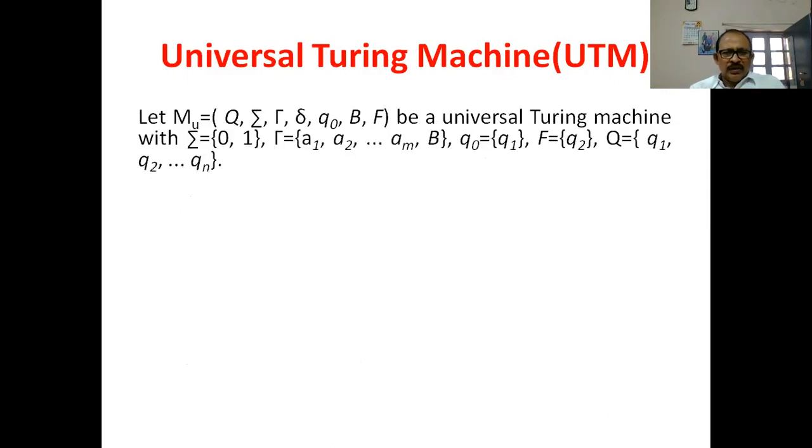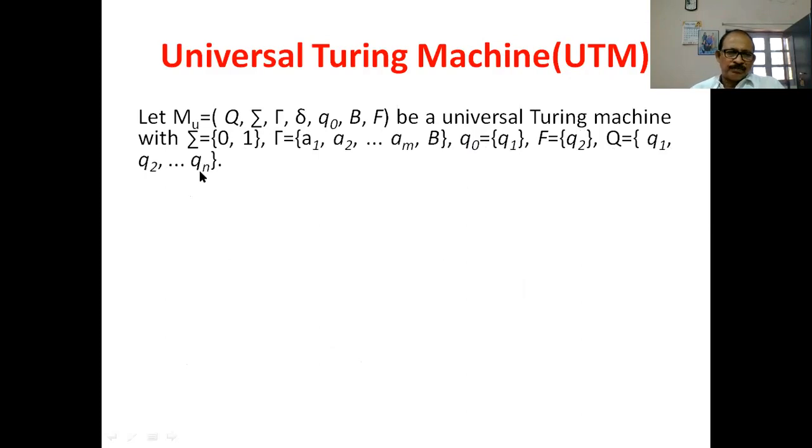Suppose this is the Turing machine: Q, sigma, gamma, delta, Q0, B, F. Here, for example, sigma is 0, 1, gamma is A1, A2, up to AM, and B. Q0 is the initial state, F is the final state, Q2 is the final state, and Q is Q1, Q2 up to Qn.